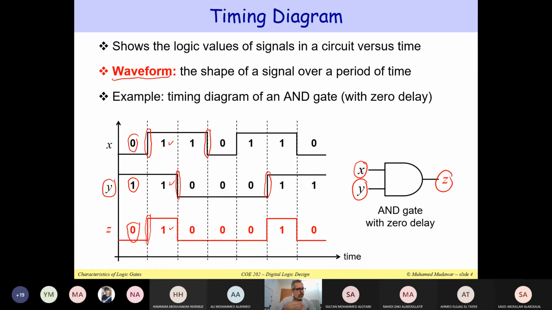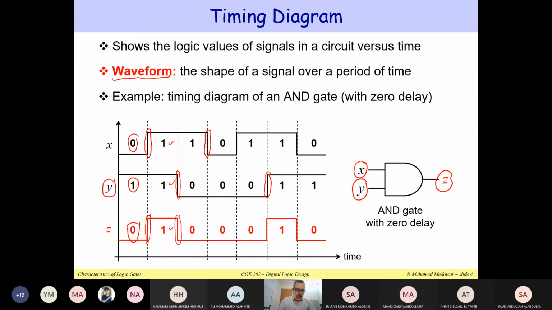So we have X changing from 0 to 1 and Y is 1, so Z is going to become 1. Now notice that when Y changes from 1 down to 0, the Z output is going to change also from 1 down to 0. Because now we have Y changing, it became 0, so Z is going to become 0.